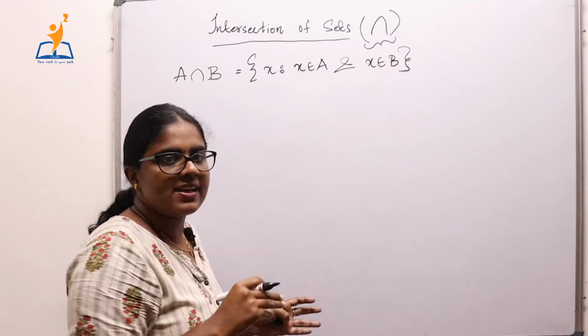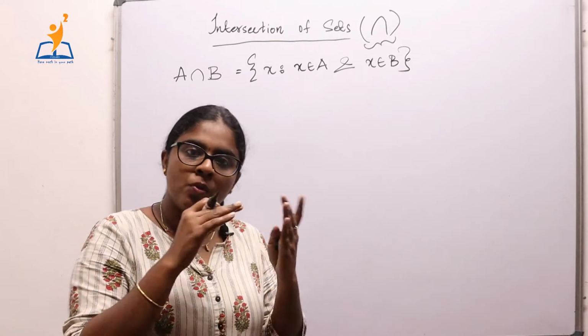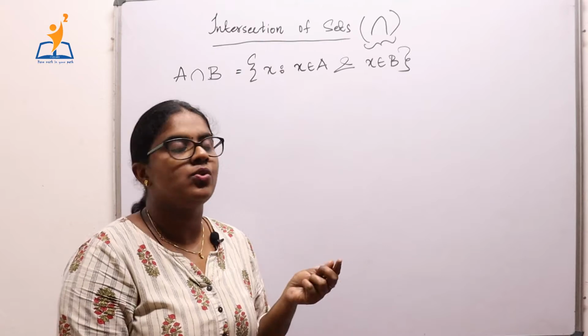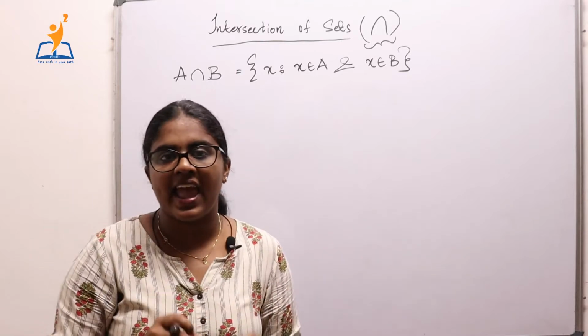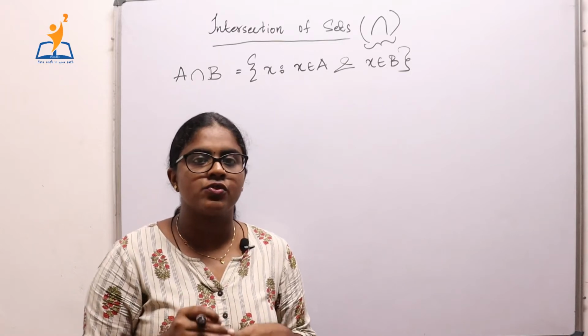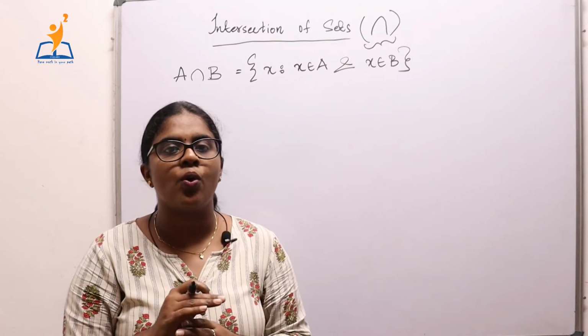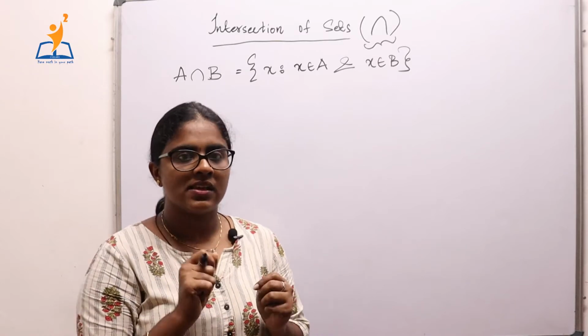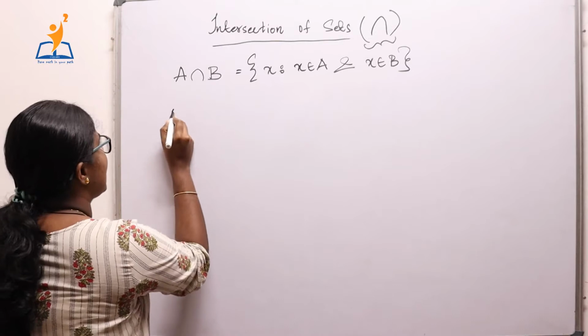That is, x should be a member of both A and B. Then only we can put x into our new set, that is A intersection B. So, the intersection of two sets A and B contains all the elements which are common to both A and B. Now, let's consider an example.